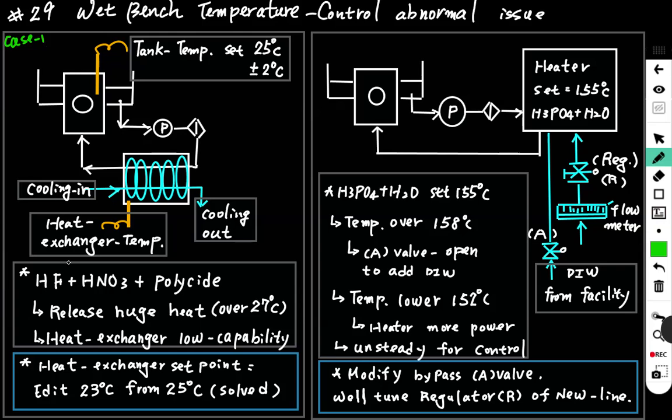This is their HF and adding HNO3 chemical.